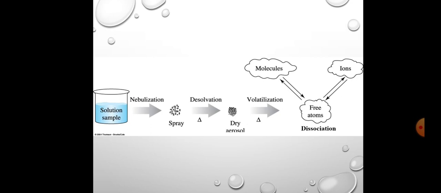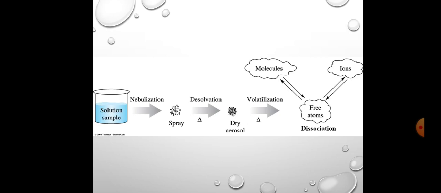This mist or spray will be introduced into the flame and it will be heated and will lose its solvent. This step is called desolvation, or losing the solvent. Then we have a dry aerosol.